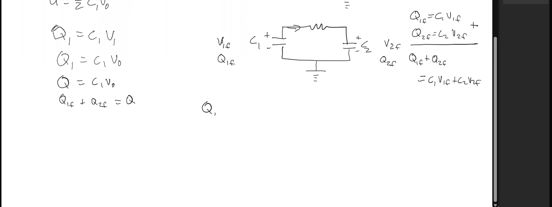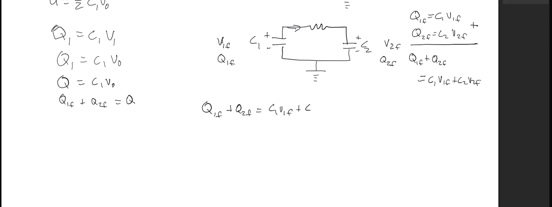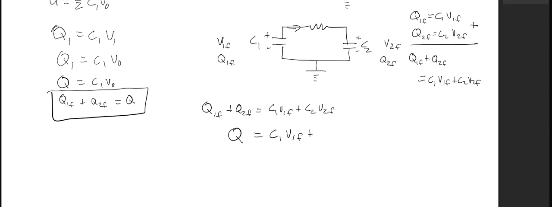Now remember, Q1 final plus Q2 final just equaled our original total charge Q. So that's Q equals C1 V1 final plus C2 V2 final.